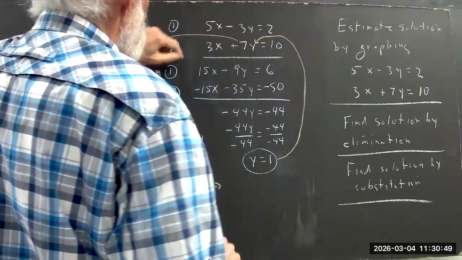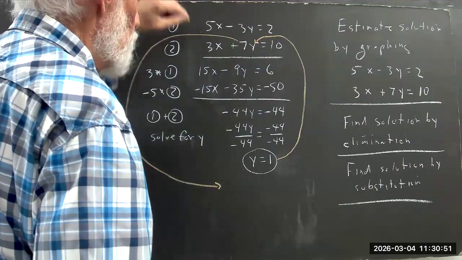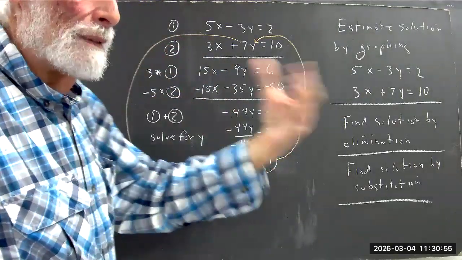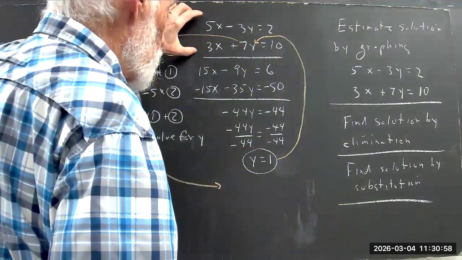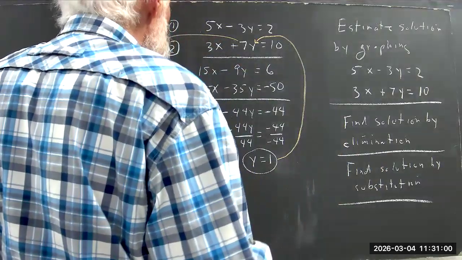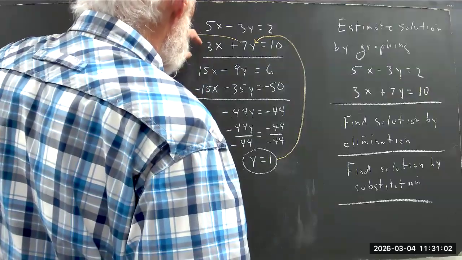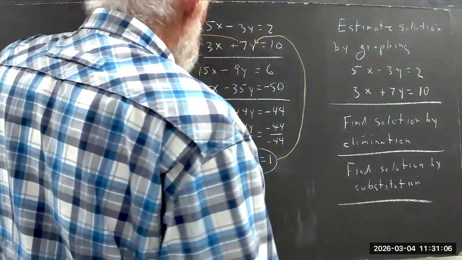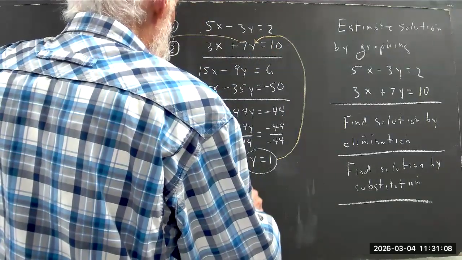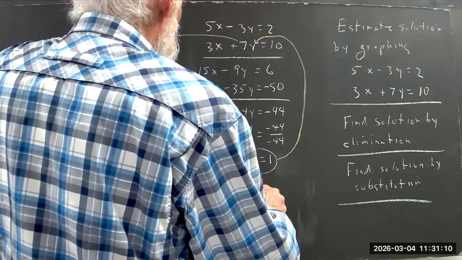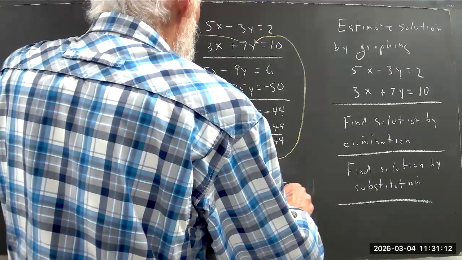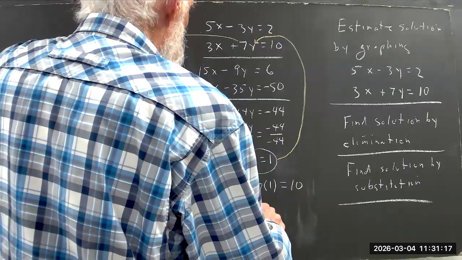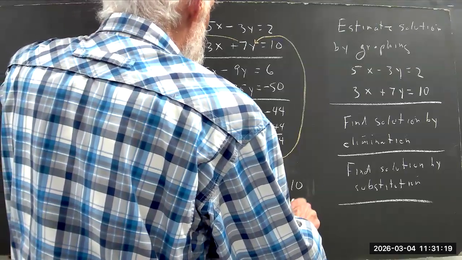Just to understand, this is in the second original equation, not one of the equations I got when I multiplied by numbers. Back to the original equation, I'm substituting y equals 1 in the equation 3x plus 7y equals 10, which gives me 3x plus 7 times 1 equals 10, which I then easily solve. 3x plus 7 equals 10.